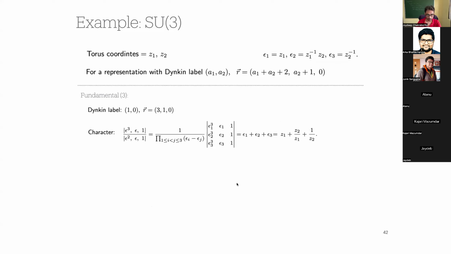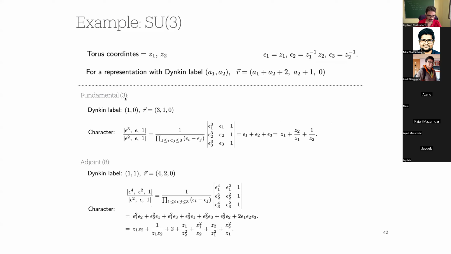For example, let's say I took the three-dimensional representation, where the Dynkin label is 1, 0. If you plug it back, A1 is 1, A2 is 0, so your R vector is 3, 1, 0. You plug it back here and you get the character function in this particular form in terms of epsilons, and the epsilons are related to this, so you write down this thing.